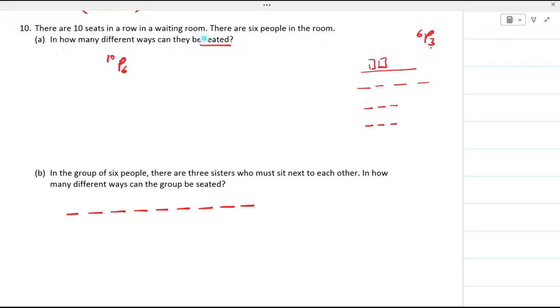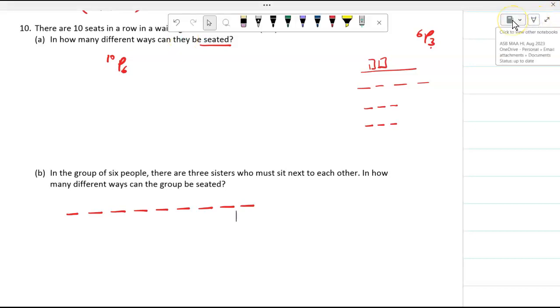Now, 1, 2, 3, 4, 5, 6, 7. So that would be 7, correct?